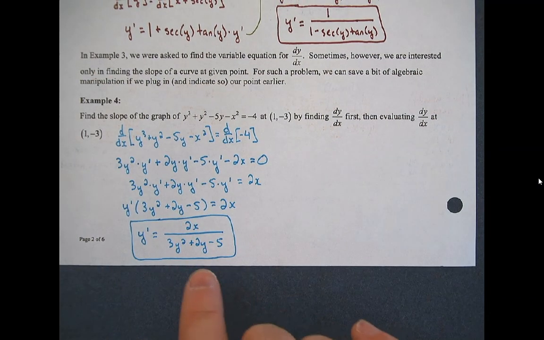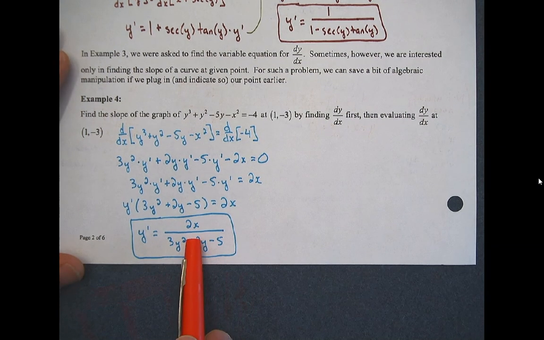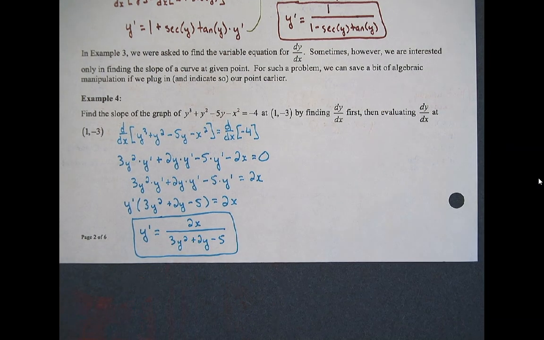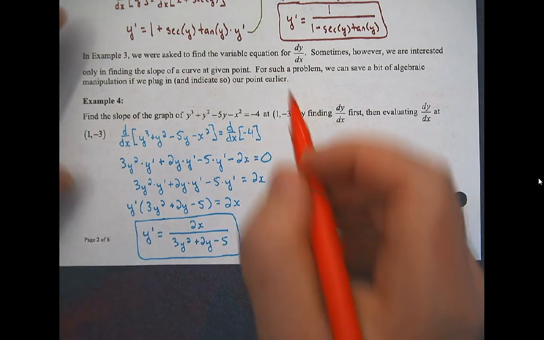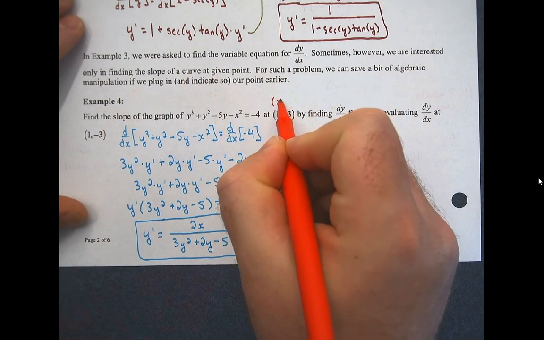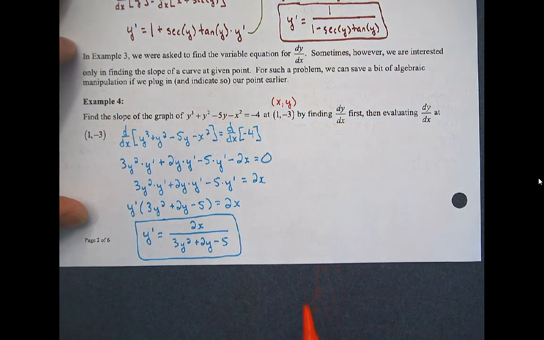But then we're supposed to now use this to figure out what the slope is. So what I can do is take this and plug in values for x and y and figure out what that slope would end up being. Now I want to take this derivative and figure out what's happening at these two values. This is my x and this is my y.